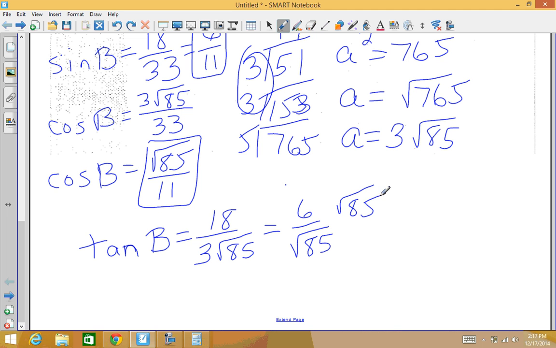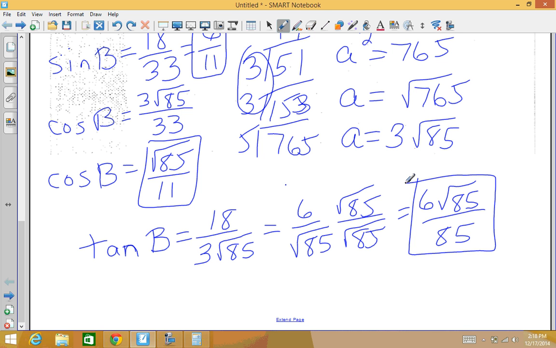So again, from geometry or a previous algebra class, to get a radical off the bottom, we simply multiply by the radical over itself, and we have a square root. So that leaves us with 6 square root of 85 over 85. So that's our final answer. That's the ratio of the sides for tangent. Okay, that's all for that page.